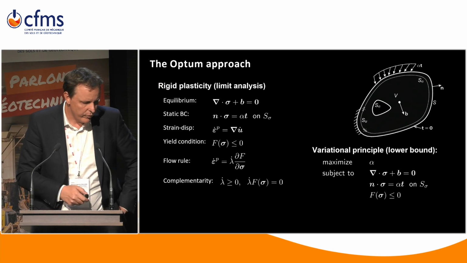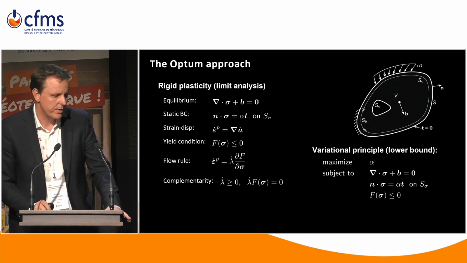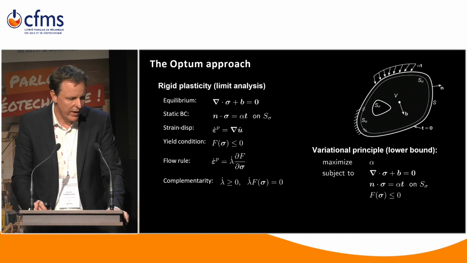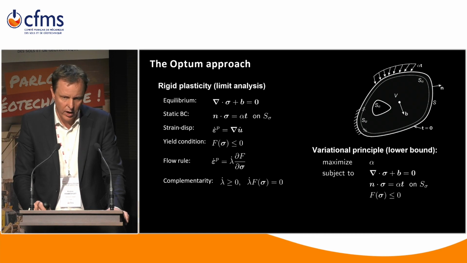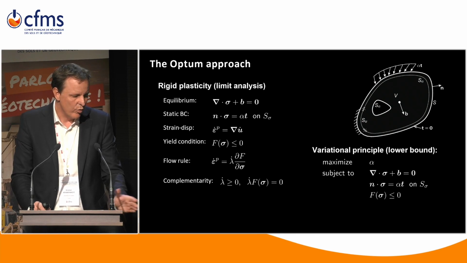And so if we move on to limit analysis or to rigid plasticity, the way it works is as follows. You have, on one hand, the governing equations of rigid plasticity: equilibrium, static boundary conditions, and the strain displacement relations.